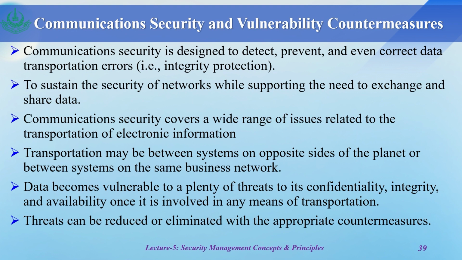Transportation may be between systems on opposite sides of the planet or between systems on the same business network, a local area network. Data becomes vulnerable to plenty of threats to its confidentiality, integrity, and availability once it is involved in any means of transportation. Threats can be reduced or eliminated with the appropriate countermeasures.